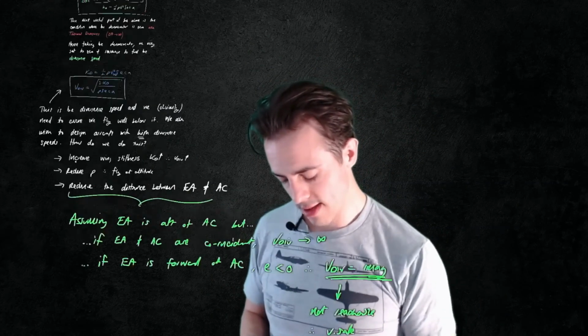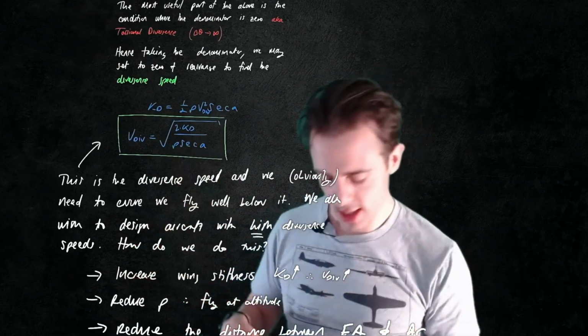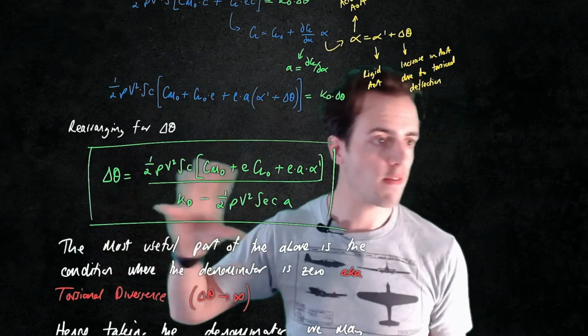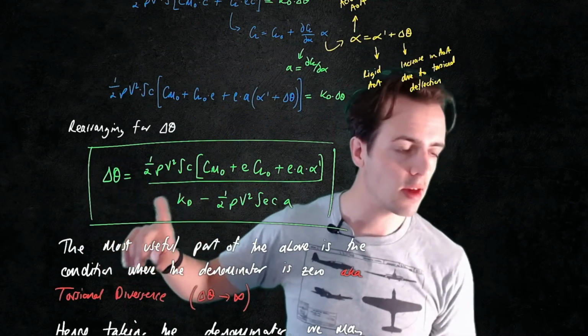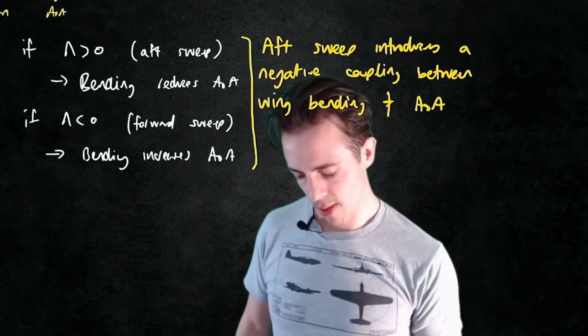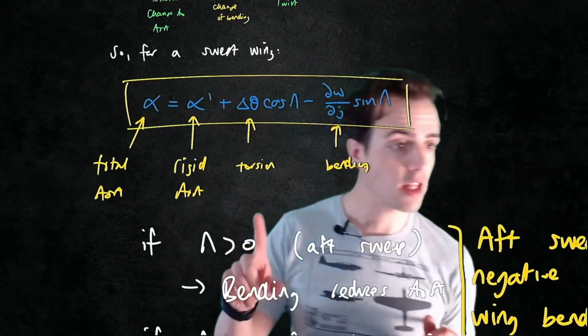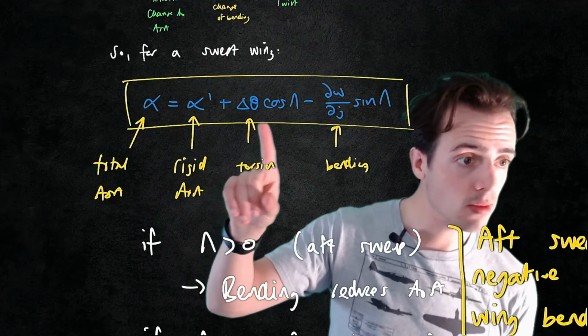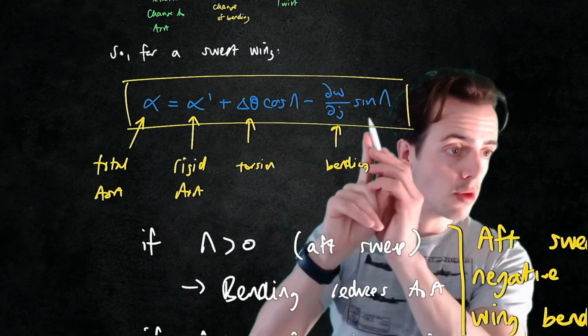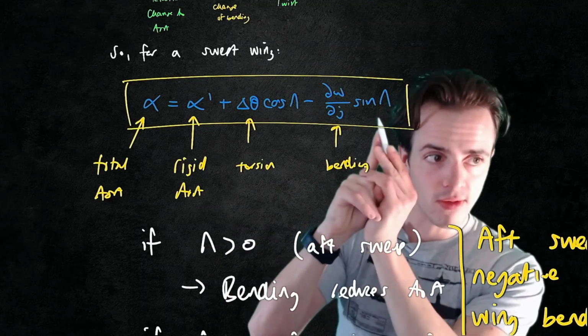So we can't easily include this in this whole problem here, because at the moment we're assuming that delta theta is only a function, well, this is just the torsional twist. We can see that actually, when we were to account for this in the angle of attack, then that torsional twist would be reduced by the cosine of the sweep angle and also reduced by any bending as long as we've got aft sweep.